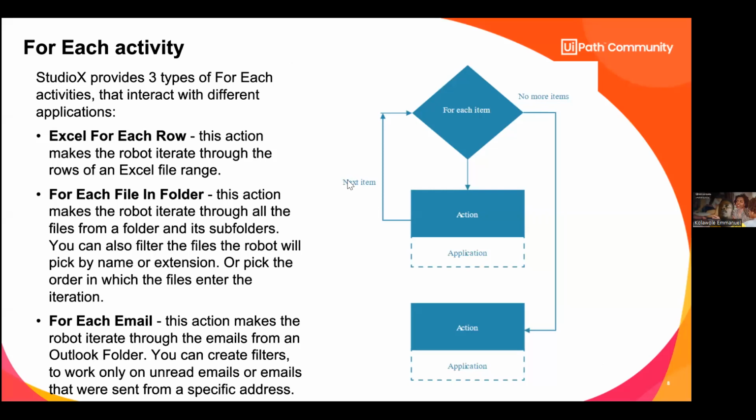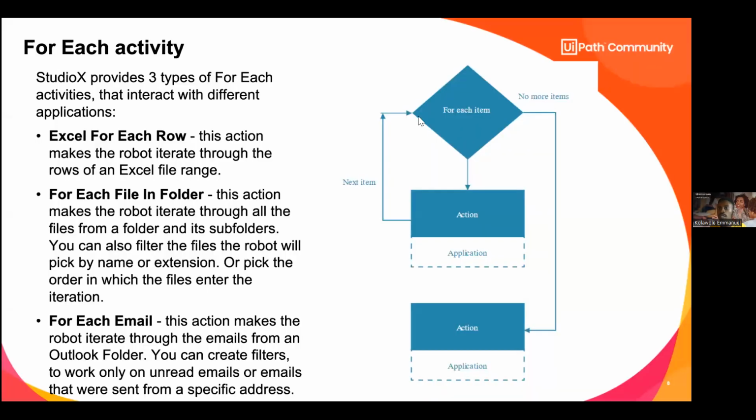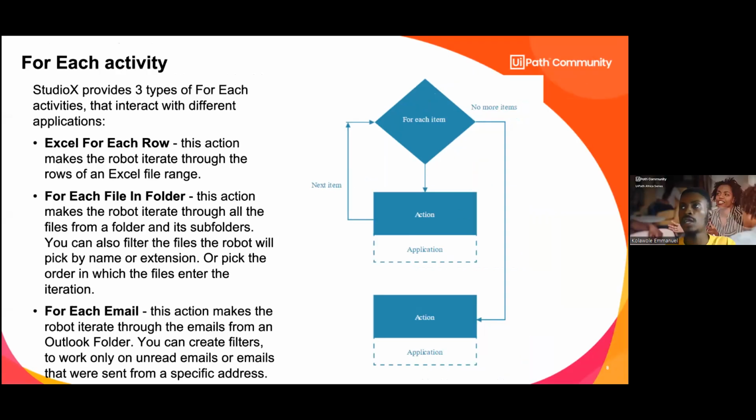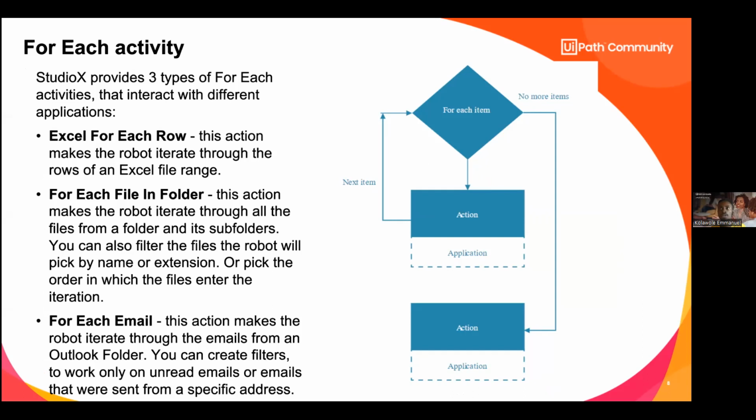Let's say you have a series of zip files, and you want to unzip each and every zip file. You can use for each file in folder to pick the zip file, unzip it, go to the next file, unzip it, go to the next file and unzip it. That is for each file in folder.